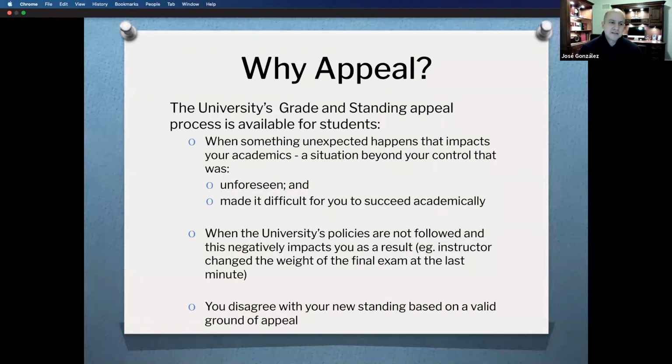We want to talk more about the grounds of appeals, right? Which will be unforeseen circumstances, or when the university doesn't follow the policy. But basically, why to appeal is because we want to correct our grade in the specific course or courses, or we want to be dealing with your academic standing, right?